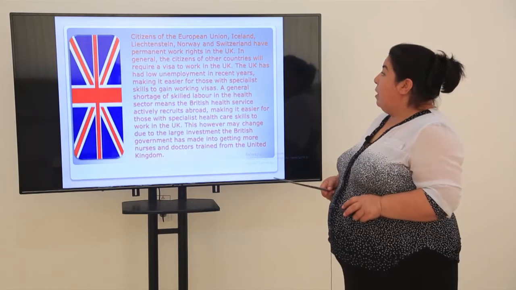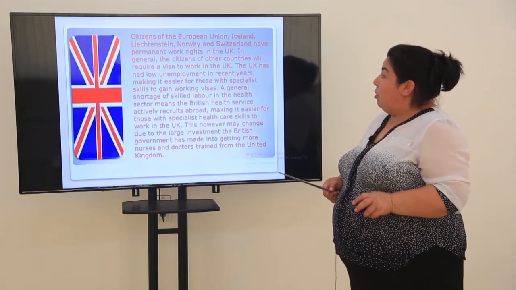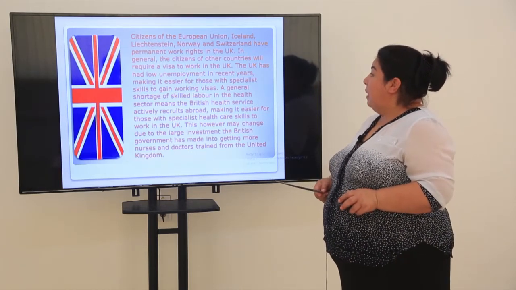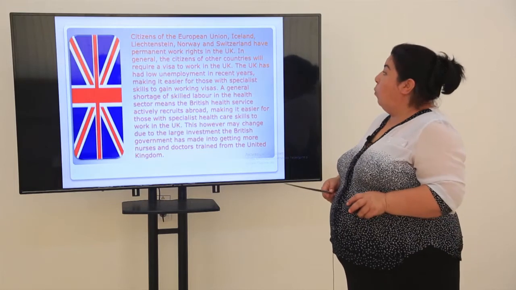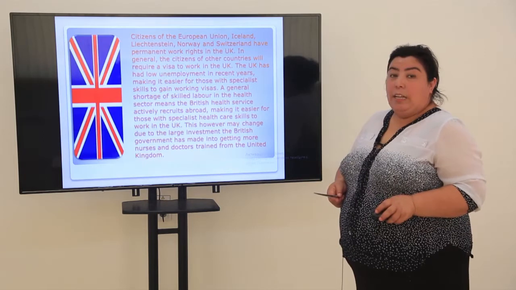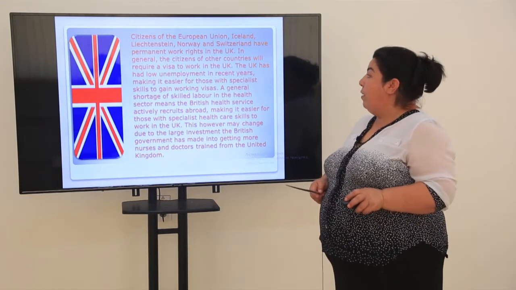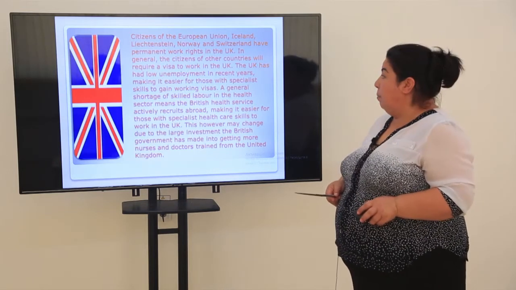Citizens of the European Union, Iceland, Liechtenstein, Norway, and Switzerland have permanent work rights in the United Kingdom. In general, the citizens of other countries will require a visa to work in the United Kingdom.